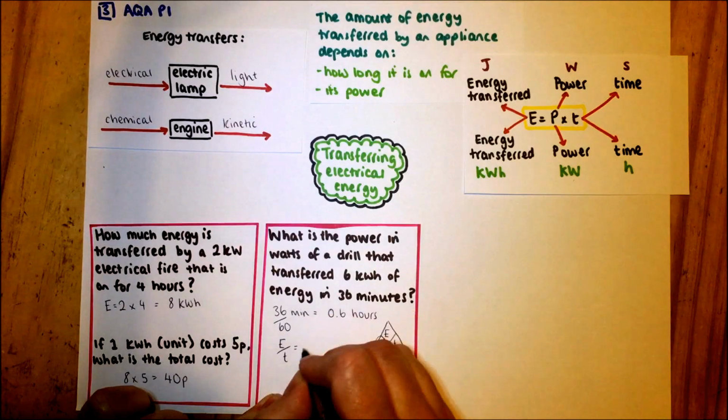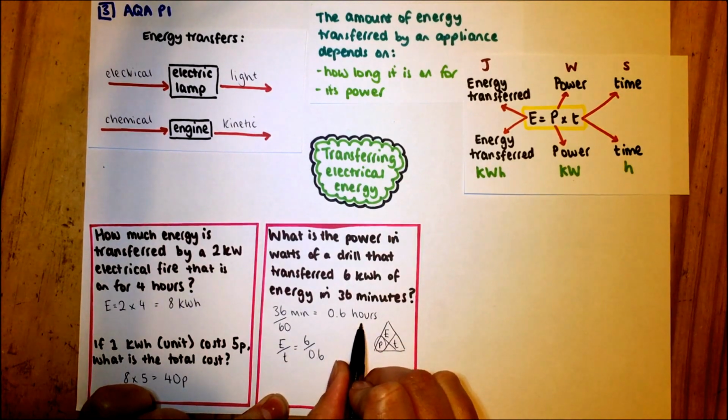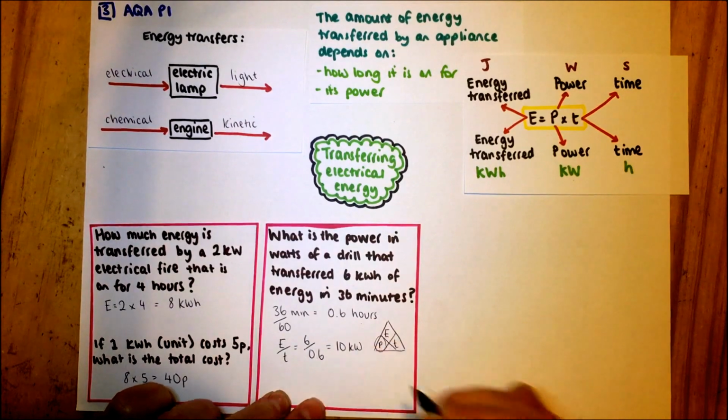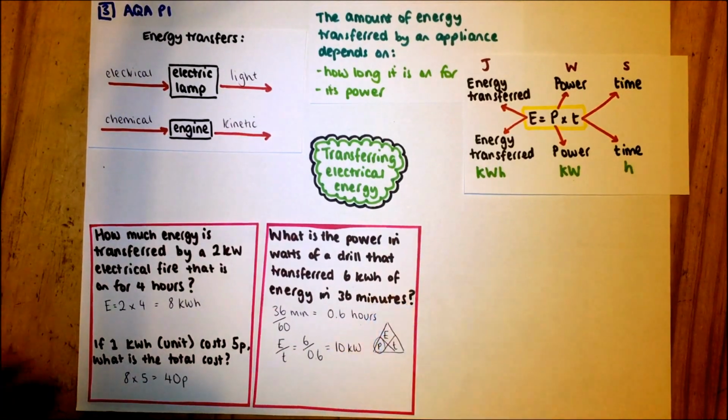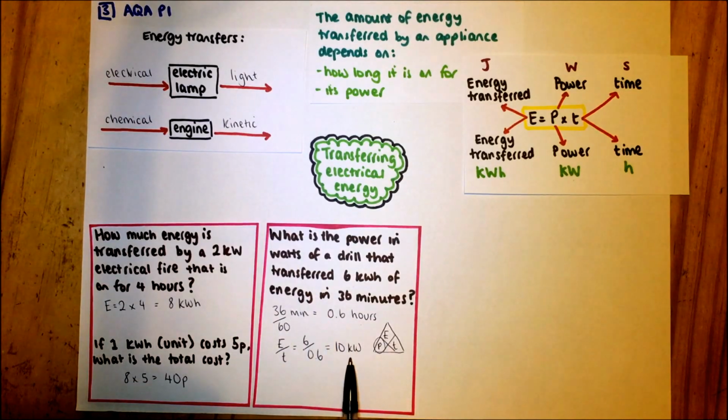So energy is 6 kilowatt hours, divided by the time, which is 0.6, because we'll convert it into hours. And that's going to give me 10 kilowatts. Okay, if you left the question there, you would definitely get some marks, but it's asked us to convert that into just watts from kilowatts.